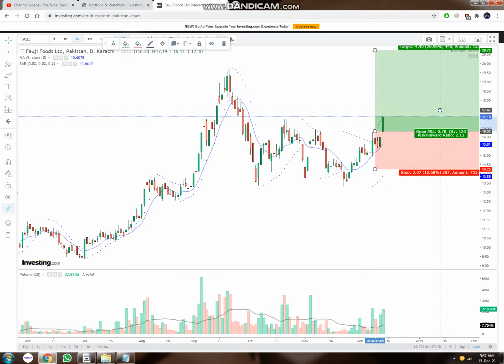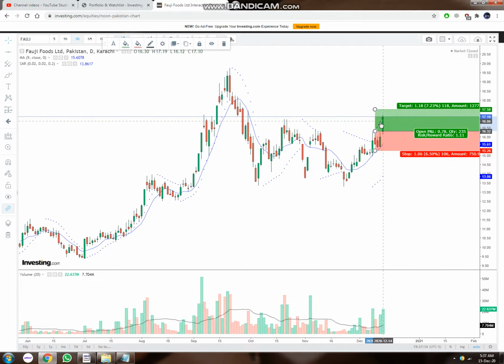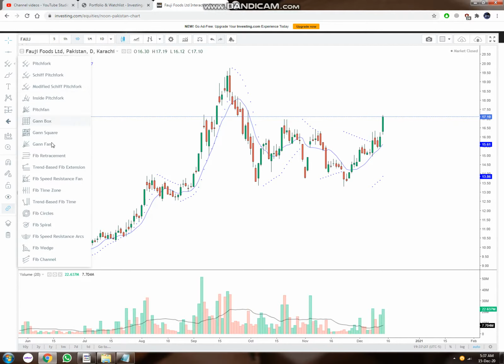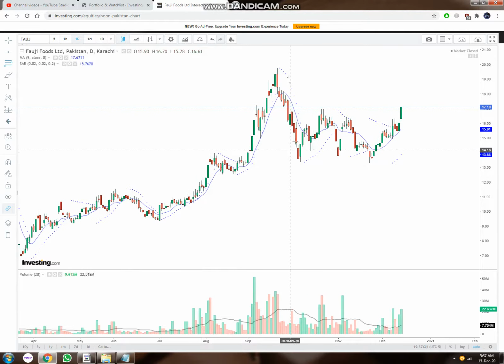Now if I consider this one, you can adjust this accordingly, how much you want to set for it. Another thing there is the Fibonacci retracement over here.